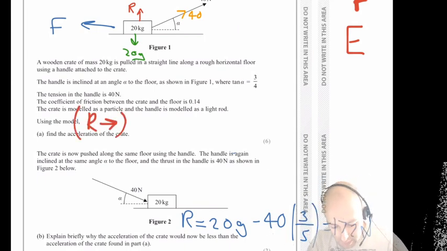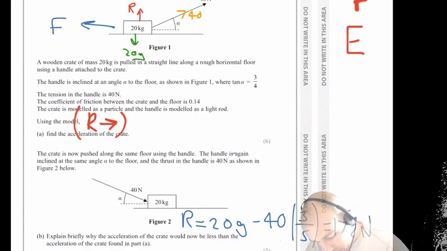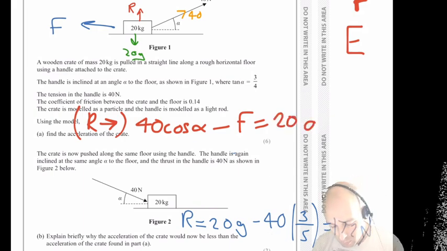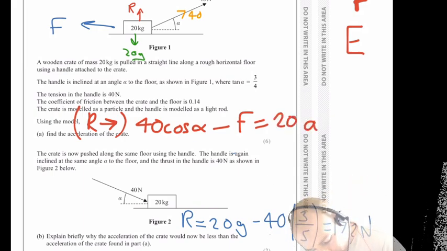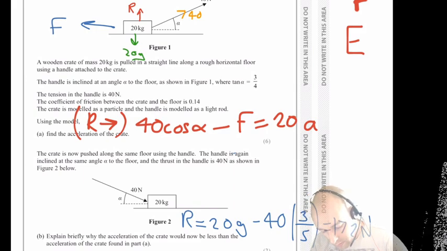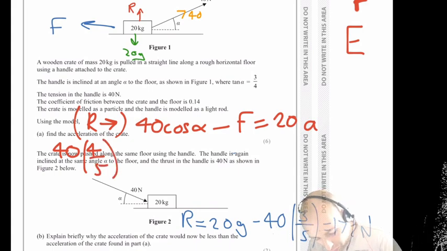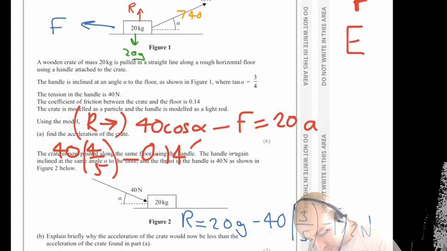So we've got the tension 40 cos alpha minus the friction equals the mass 20 times the acceleration A. Now we know friction is mu times R. So 40, we also know cos alpha is 4/5, minus F, and F is 0.14 times R, which was 172.